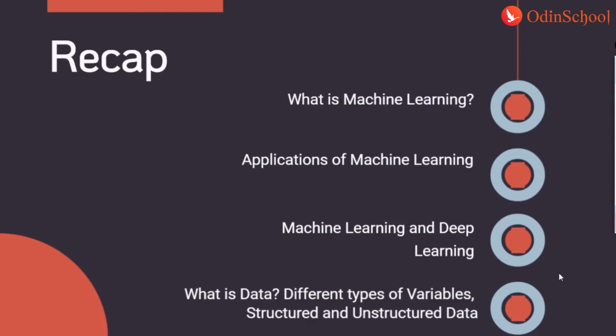We have known what is data, and the different types of variables, categorical and numeric. We have also known the structured and unstructured data. So these are some of the things which we have covered in this session today.